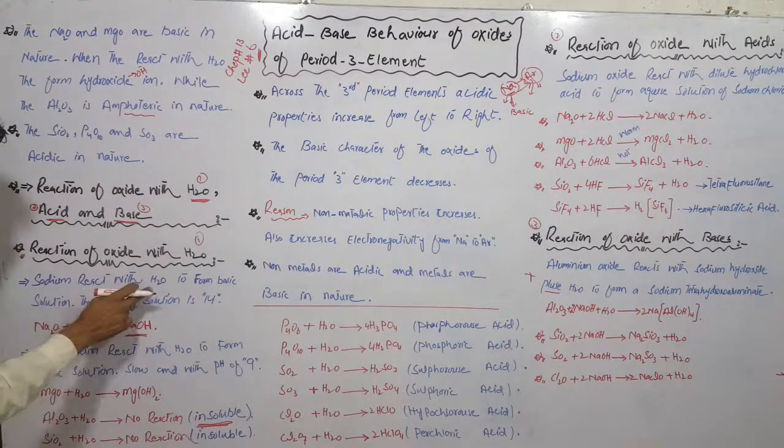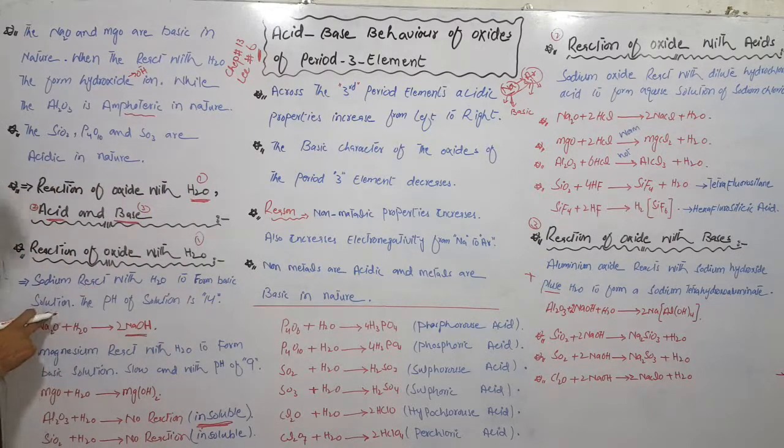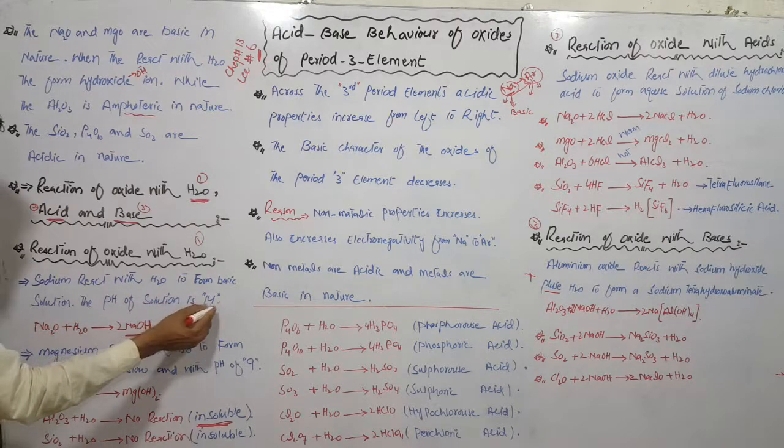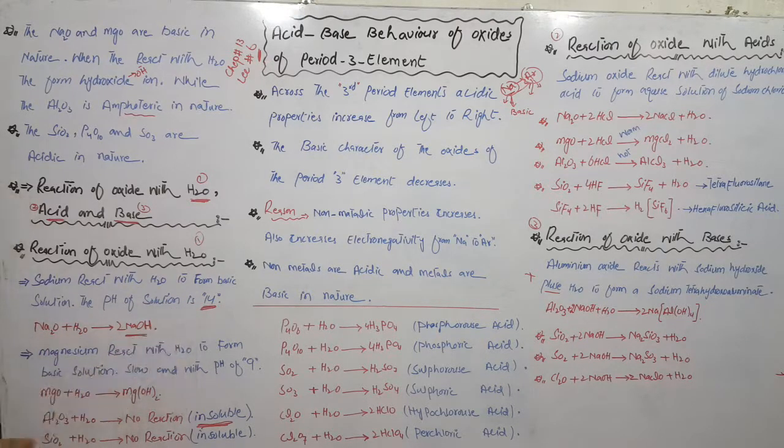Sodium reacts with water to form a basic solution with a pH of 14. Sodium oxide reacts with water to produce sodium hydroxide.